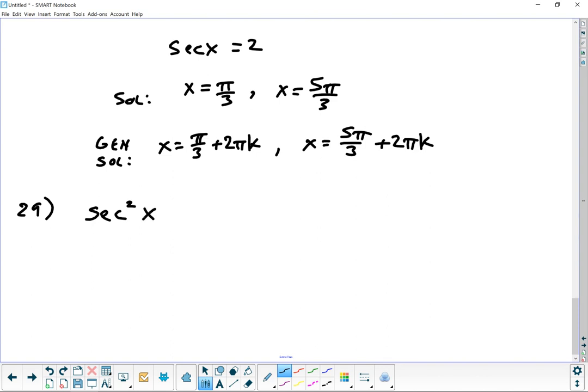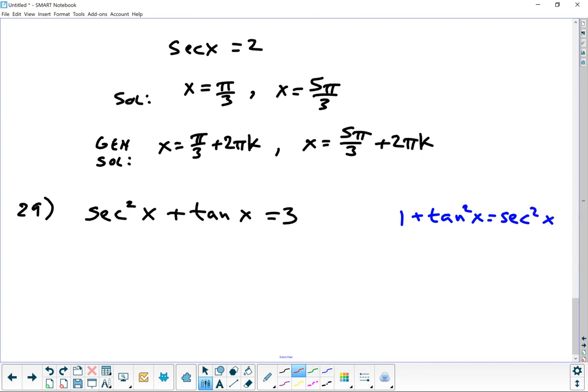So 29, secant square x plus tangent x equals 3. I think we should turn the secant into one of our Pythagorean trig identities. What do you guys think? Right? I think we should do that. So for secant square x, I'm going to use the 1 plus tangent square x equals secant square x.